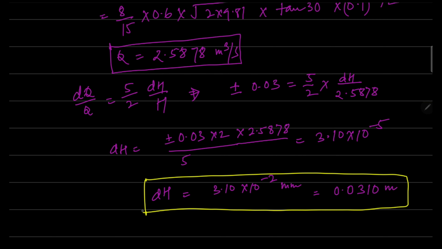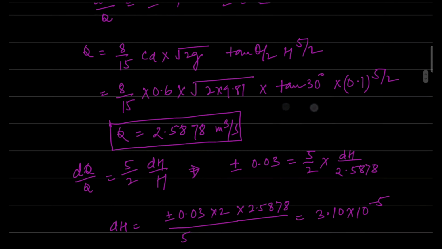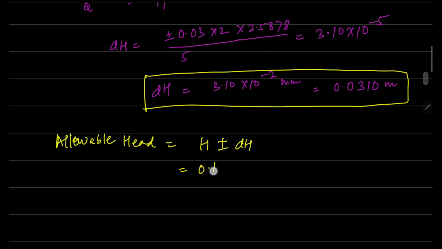So the allowable head will be equal to h plus minus dh, that is 0.1 meter plus minus 0.0310. This value will come out to be either this value if we take the plus sign, or this value if we take the minus sign.